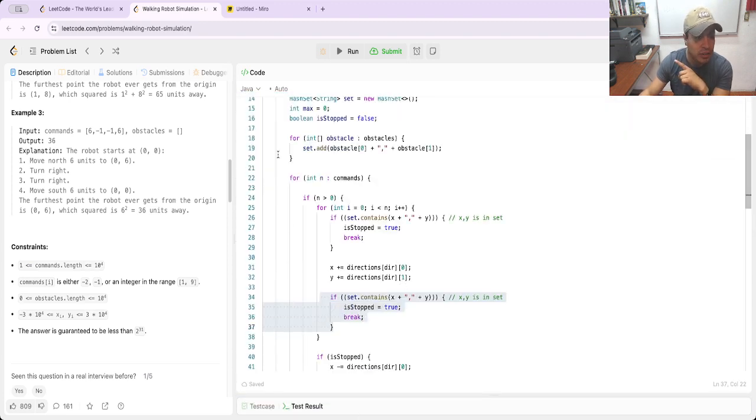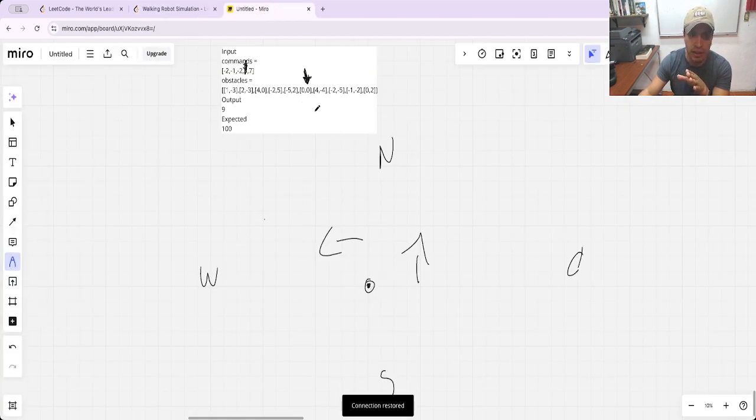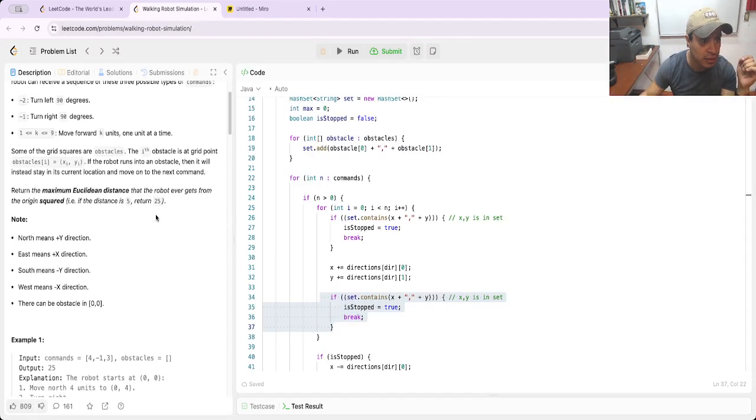But I have another doubt. What happens when I have, for example, the 0 0, and the problem said if you have an obstacle in the path, basically you move to the next command, right? The robot runs into an obstacle, stays in the current location and moves to the next command.